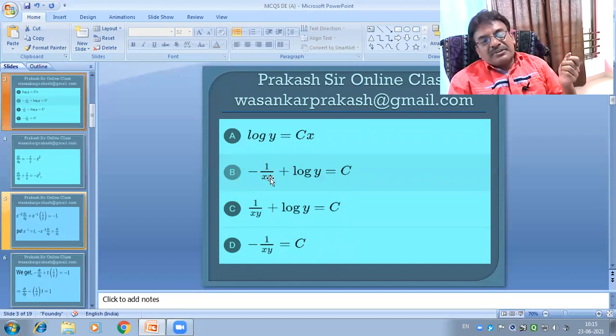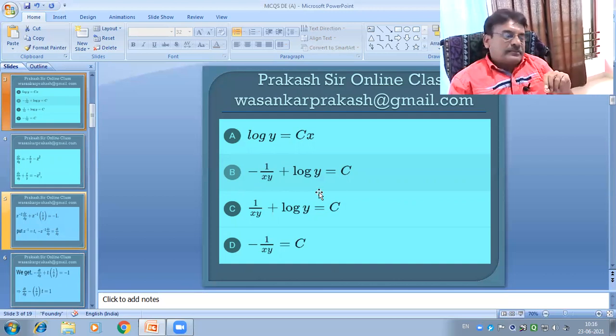B is the correct option. That is, minus 1 by xy plus log y is equal to c, and this is the solution of the given differential equation. Therefore, here B is the correct option.